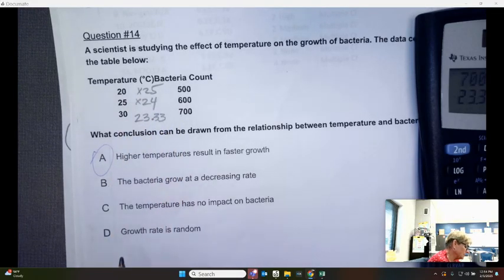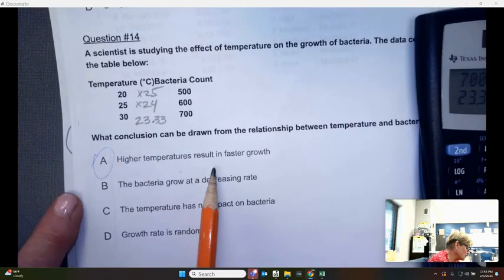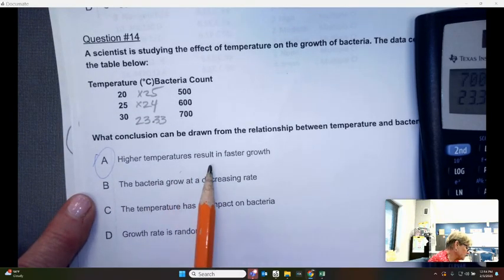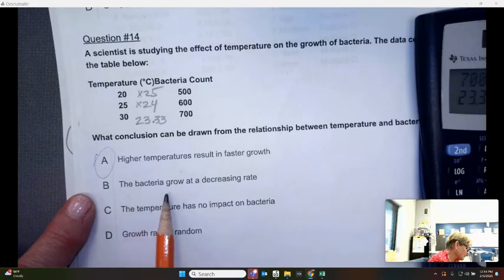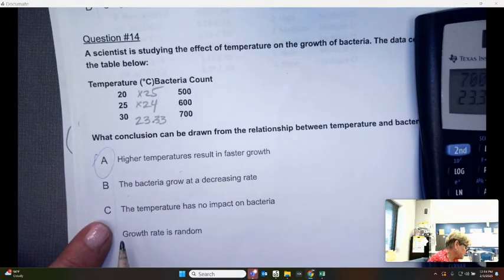They're asking you to make a conclusion from that. It says higher temperatures result in faster growth. The bacteria grow at a decreasing rate. The temperature has no impact on bacteria. Growth rate is random.